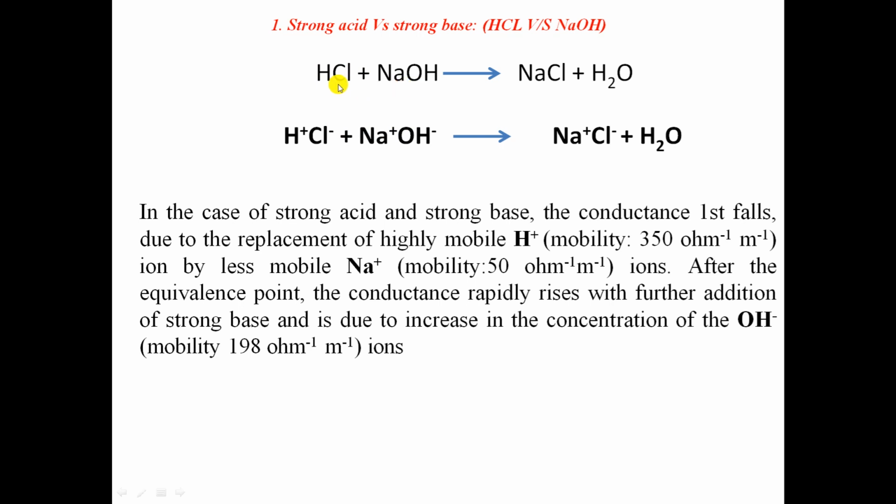When we add NaOH into the HCl, the neutralization reaction takes place, producing the salt NaCl and water. Here HCl exists in the form of a solution containing H+ and Cl- ions, and the NaOH solution exists in the form of a solution containing Na+ and OH- ions. When NaOH is added into the HCl, the H+ ions are replaced by Na+ ions, and the H+ ion reacts with the OH- ion of the NaOH to produce water.